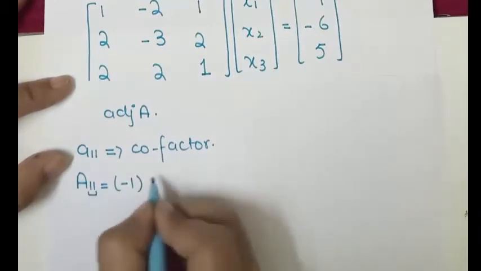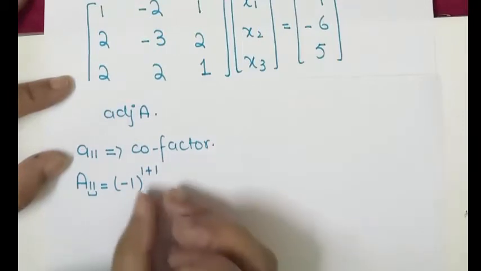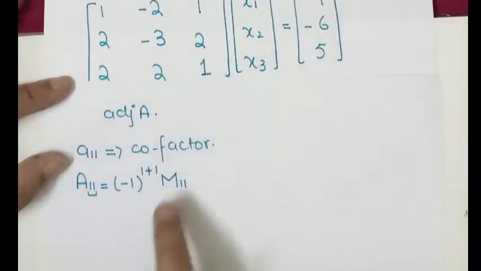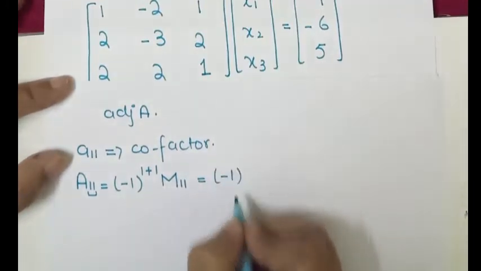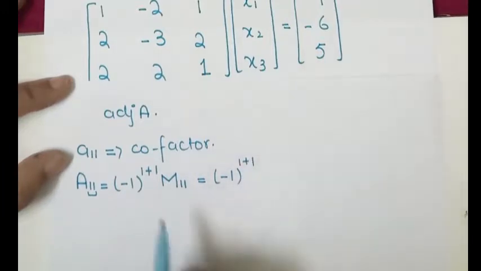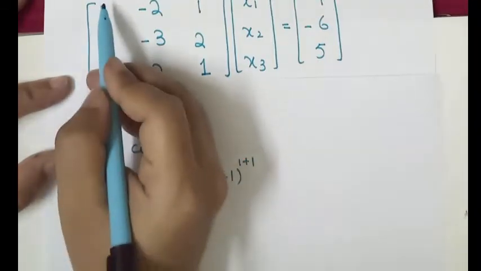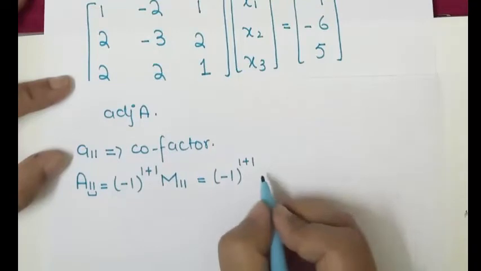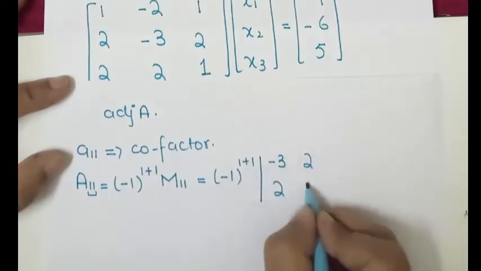Now we write these two terms in the power with a plus sign, and then M11, which means minor 11. So this is equal to -1 to the power 1 plus 1. How to find M11? We ignore first row and first column. We have these four terms: -3, 2, 2 and 1.